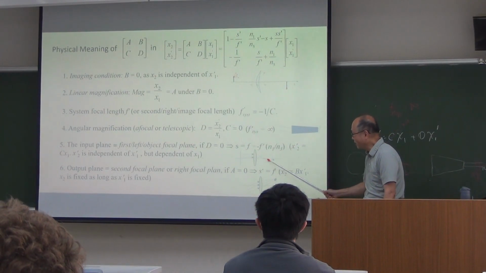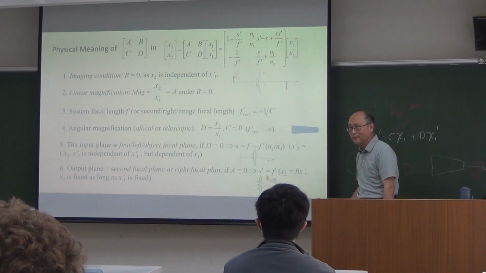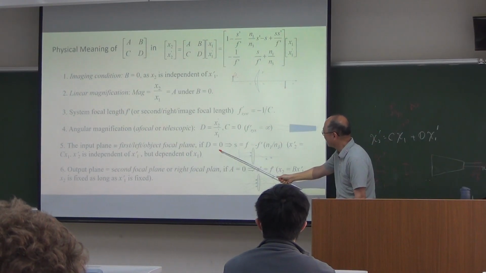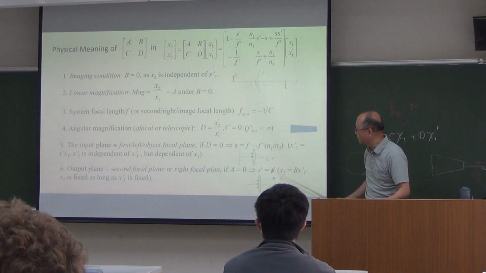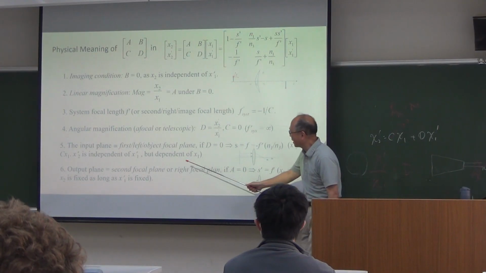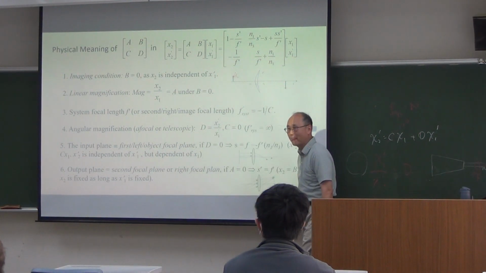x2 prime, this angle depends on the position of x1 based on d equal to 0. But then another argument is that x2 prime is independent of x1 prime.